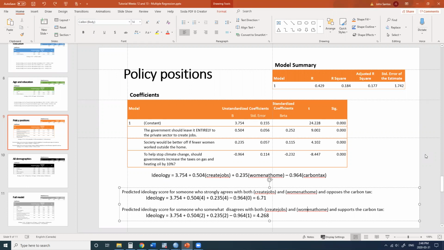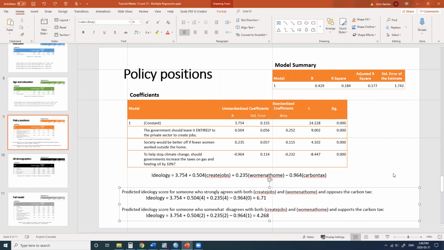And this is a good example of the caveat that this is a model which abstracts from reality, and all models are wrong, but some models are useful, right?